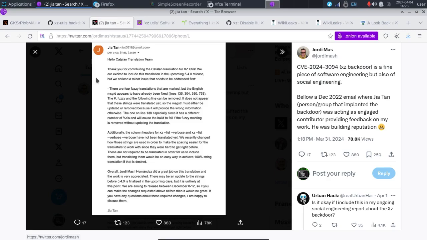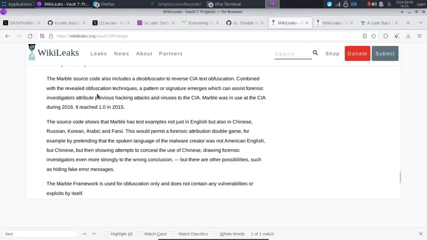By sending out these letters, both friendly and very helpful letters from Jia Tan, and at the same time, other users, different usernames, were sending emails to the maintainer to really beat them down and try and discourage them, and to also make them believe they needed the help of someone else. So this was a multi-pronged approach in order to infiltrate the xz-utils project. And my opinion is, it was likely a nation state, it was likely a team of individuals, and it could be using something like we saw in Vault 7, using different languages.